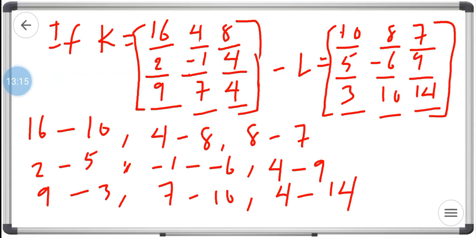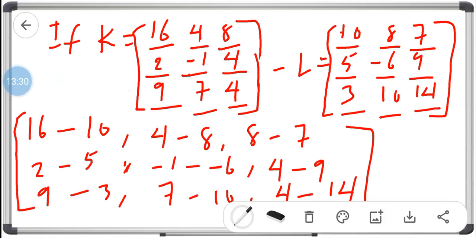Now you can see how those numbers were picked. Now let's put our bracket. So let me rub here so that we can use that place to solve.